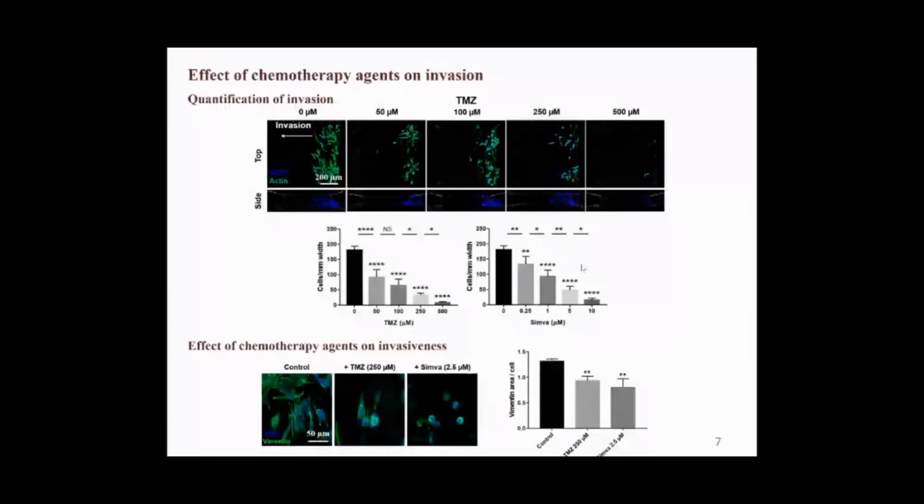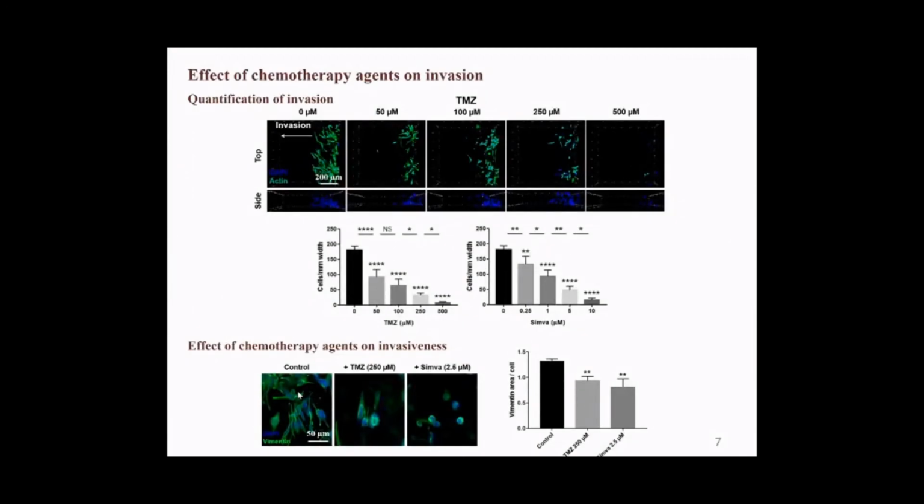To understand whether this is only because of cell death, or also because of a reduction in the invasiveness of the cells, we stained the cells with vimentin, a biomarker which is one of the markers representing the mesenchymal behavior of the cells, and also is representative of the invasiveness of the cell.